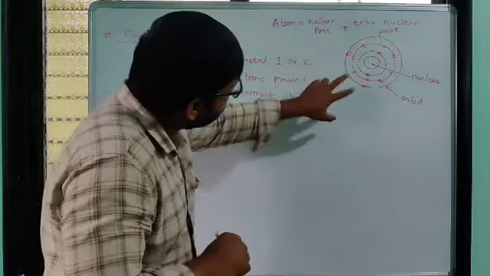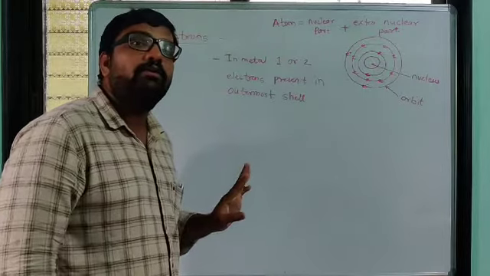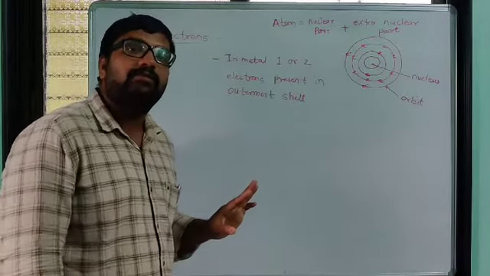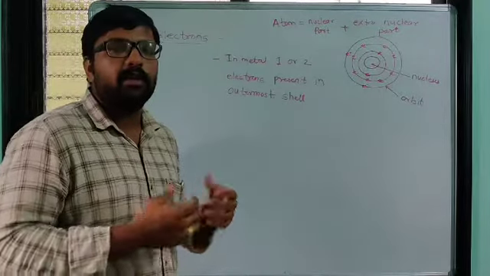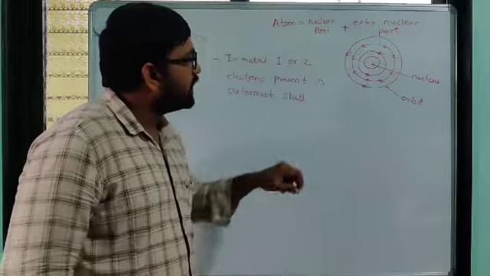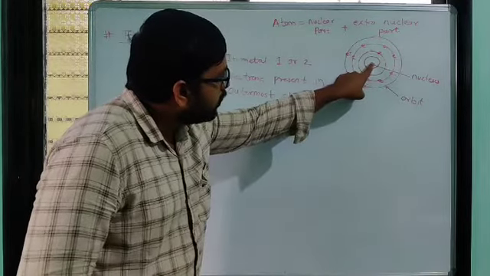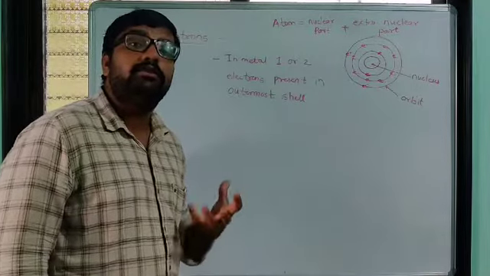These one or two electrons present in the outermost shell are loosely bound to the nucleus. Bound means what? We know electrons have negative charge, and the nucleus, where all the protons are present, is positively charged.